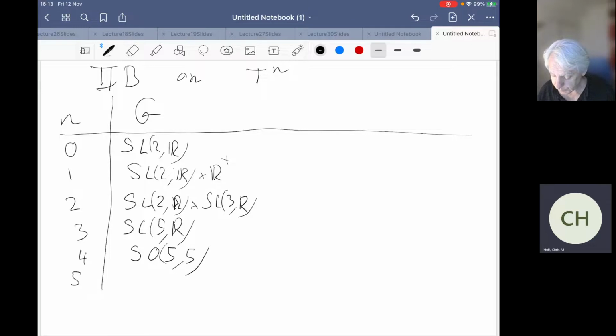For 5, it's the exceptional group E6. For 6, it's the exceptional group E7. And for 7, it's the exceptional group E8. And if one goes further, formally one is looking at infinite dimensional Lie groups, E9, E10.